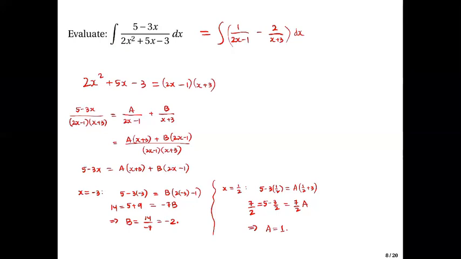And when we integrate, this is just ln absolute value of 2x minus 1 divided by 2, minus 2 ln absolute value of x plus 3, plus the arbitrary constant c.